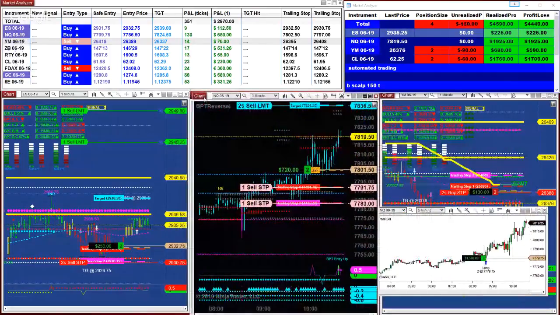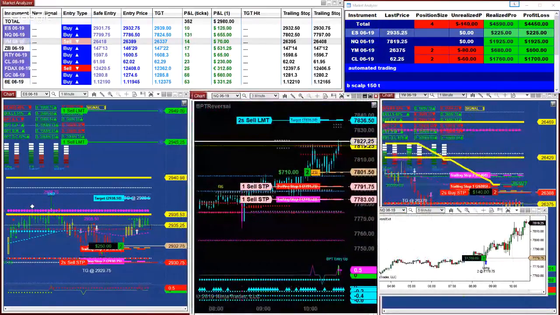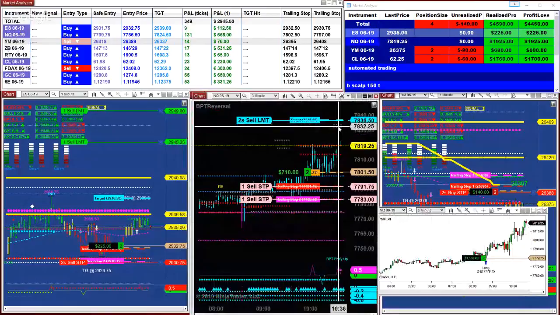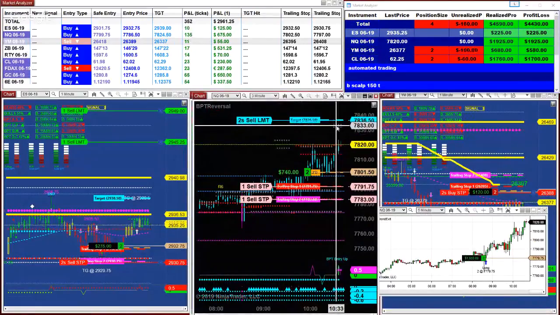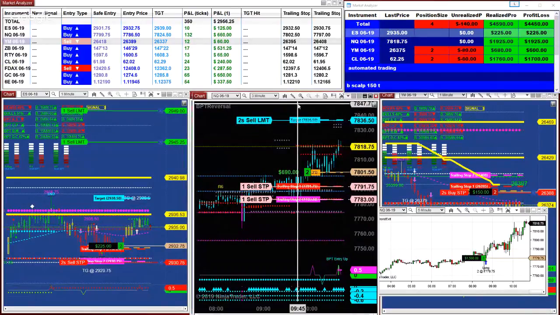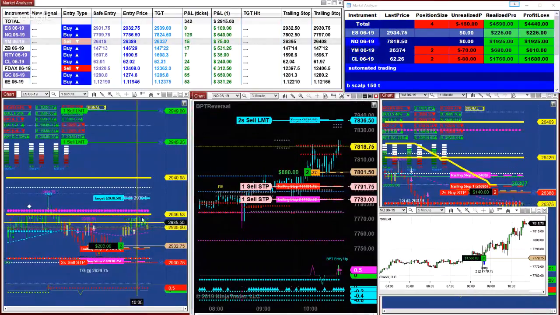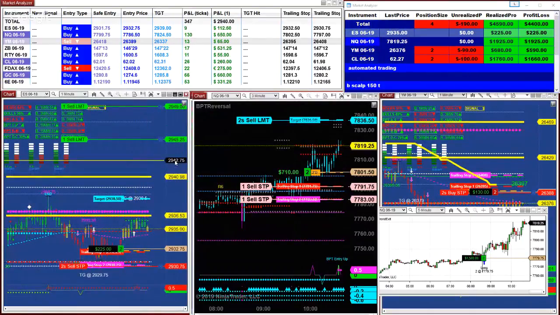But on the 3 minutes, we have a double resistance as well at 32 and 33. So this is going to be a bit of a problem in that area as well. Projection resistance on the ES. It is a big mess on the ES.